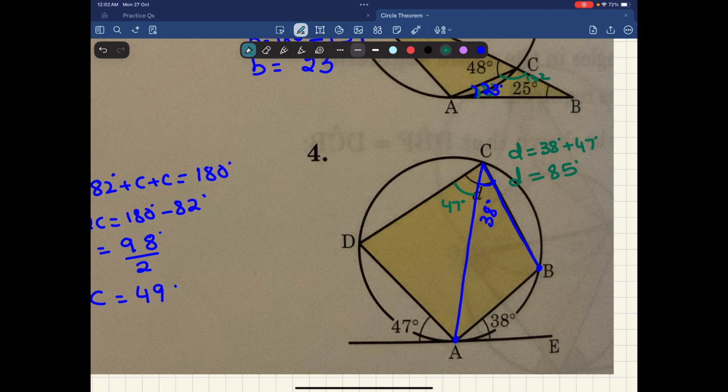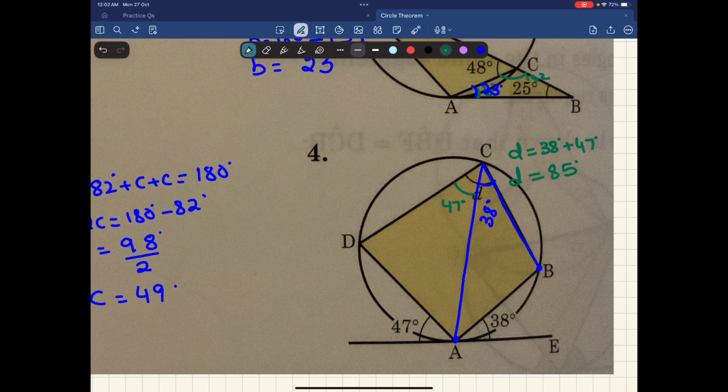Okay, so I hope the alternate segment theorem is clear. But you need to understand that there might be several ways to work out an unknown angle. So for that reason you have to explain your reasoning very carefully. You have to give your reasons carefully, how you're going about finding the unknown angle.